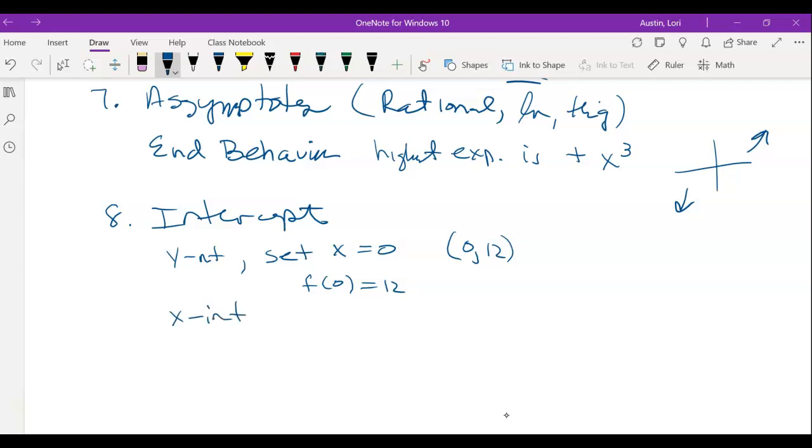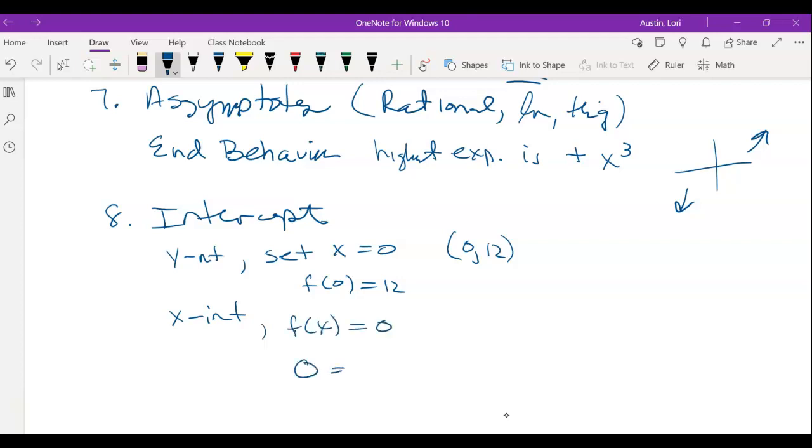For x-intercepts, this is where you might need to get into those calculators a little bit. It's a little bit harder with this particular function, because you have to set f of x equal to 0.